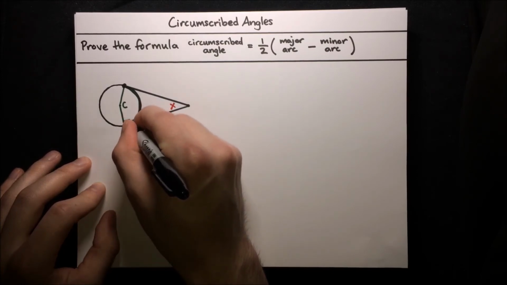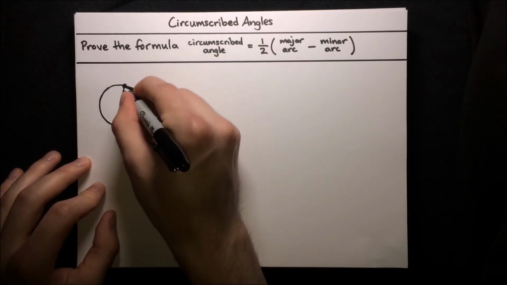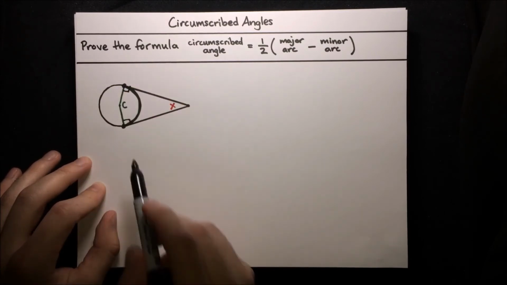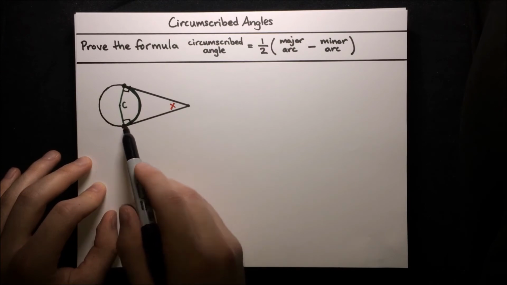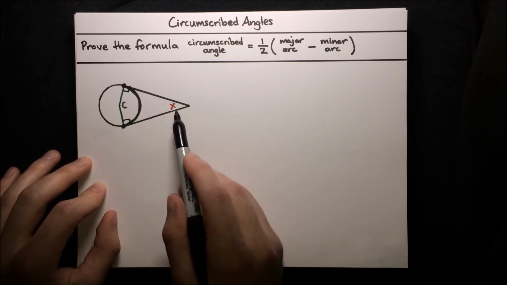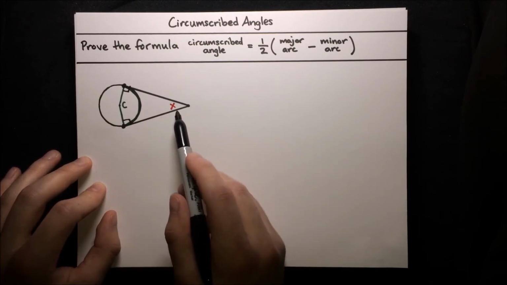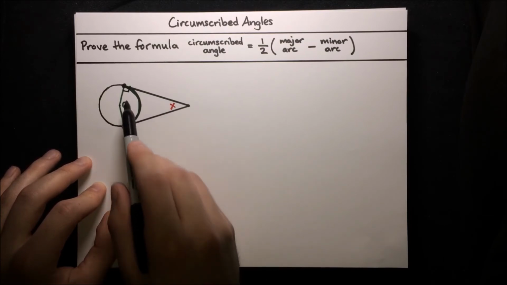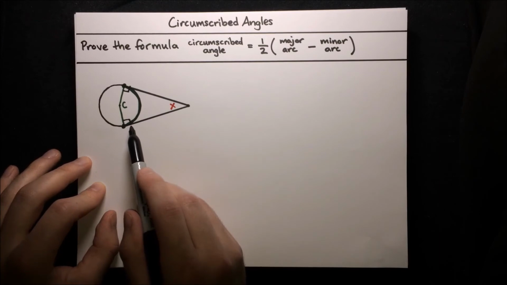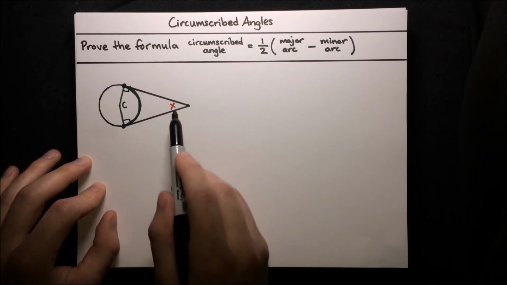So this is a right angle over here, and that is a right angle there also. So hey, we've got a quadrilateral here. There's 4 sides, and we know that the sum of all the angles of a quadrilateral has to be 360 degrees. So if we write that down in terms of the angles here, C, X, and our two 90-degree angles, we'll have an equation that we can solve for C in terms of X.